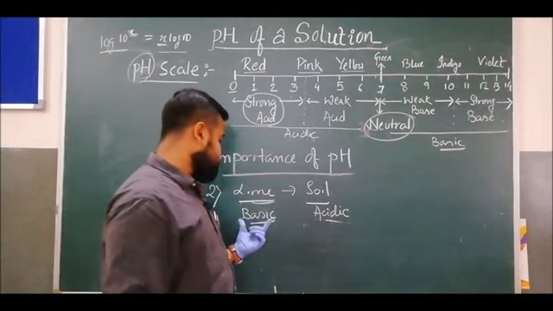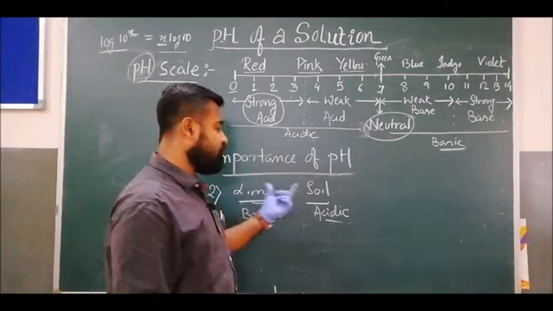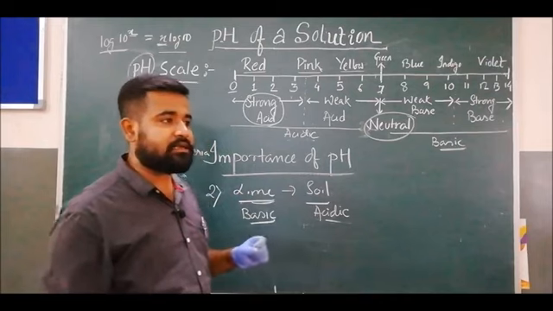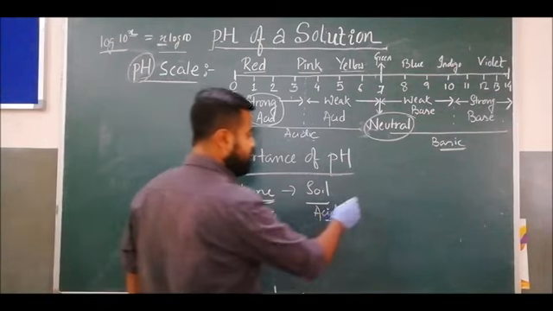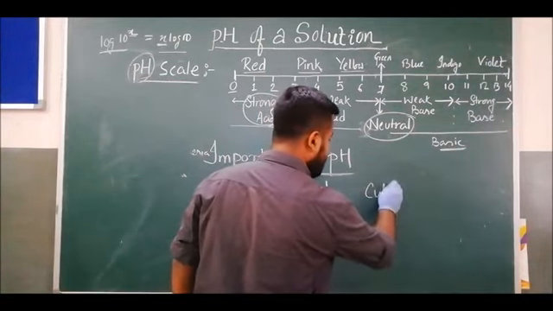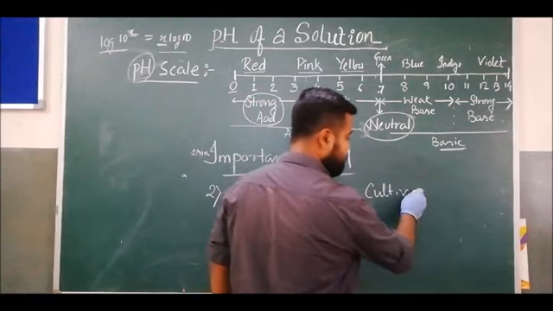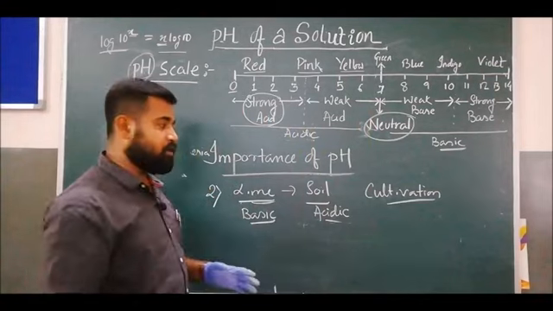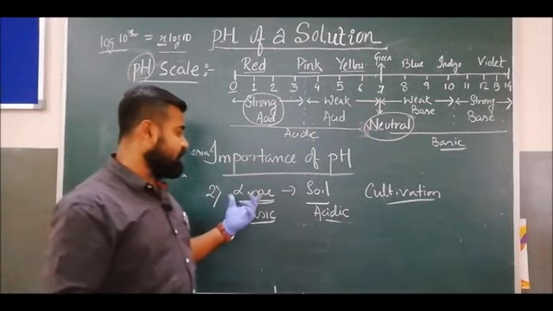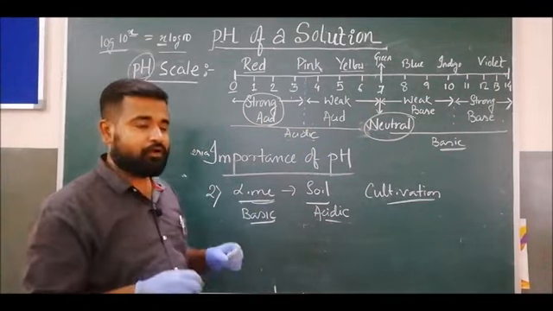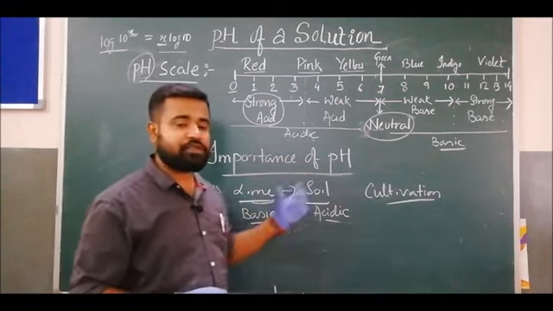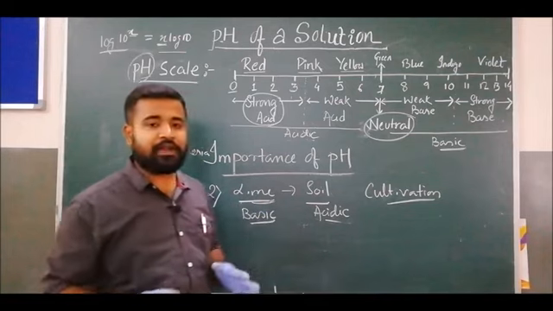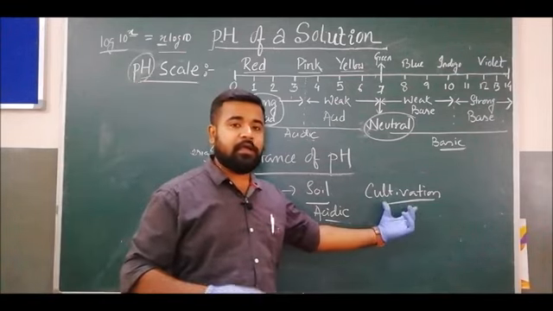So when we spread this basic lime over the soil, it neutralizes its acidic nature, and that is the suitable condition for cultivation. That's why we sprinkle lime over the soil, so that it will be beneficial for the cultivation.